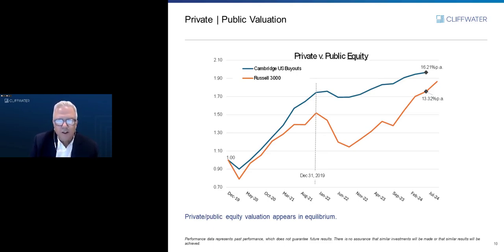But my point was the first thing we should observe is that over any period, whether it's 1 year, 2 year, our expectation is to do 3 to 5% better in privates than in publics.